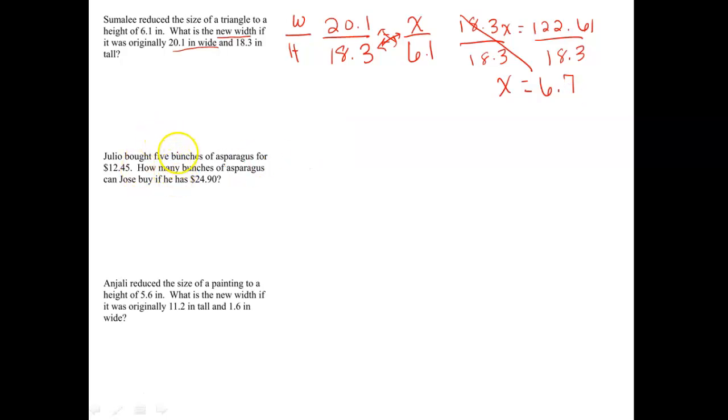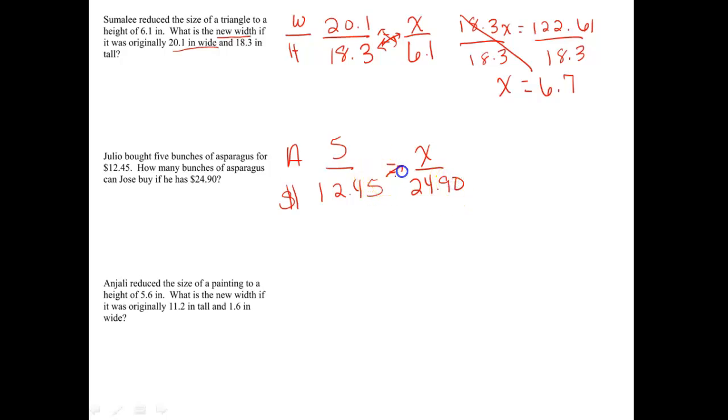All right. Julio bought 5 bunches of asparagus for $12.45. So he bought asparagus for how much money? He bought 5 asparagus for $12.45. How many asparagus for $24.90?